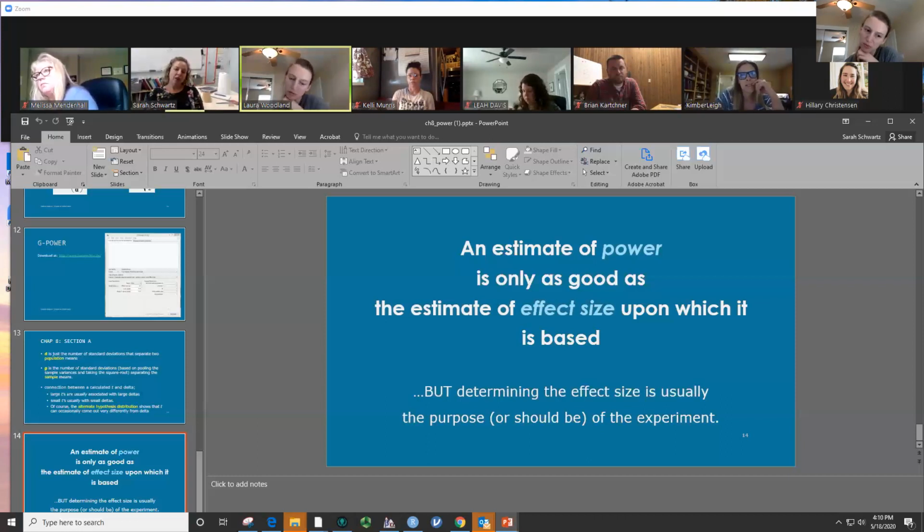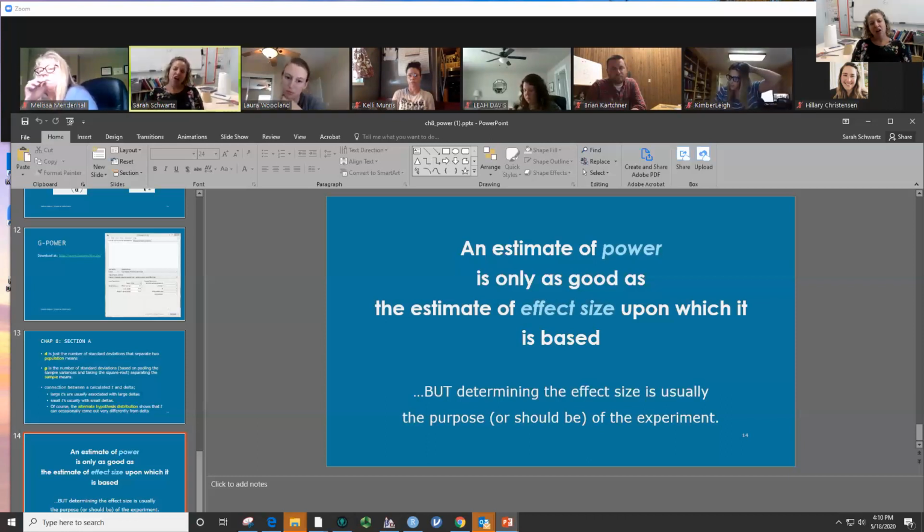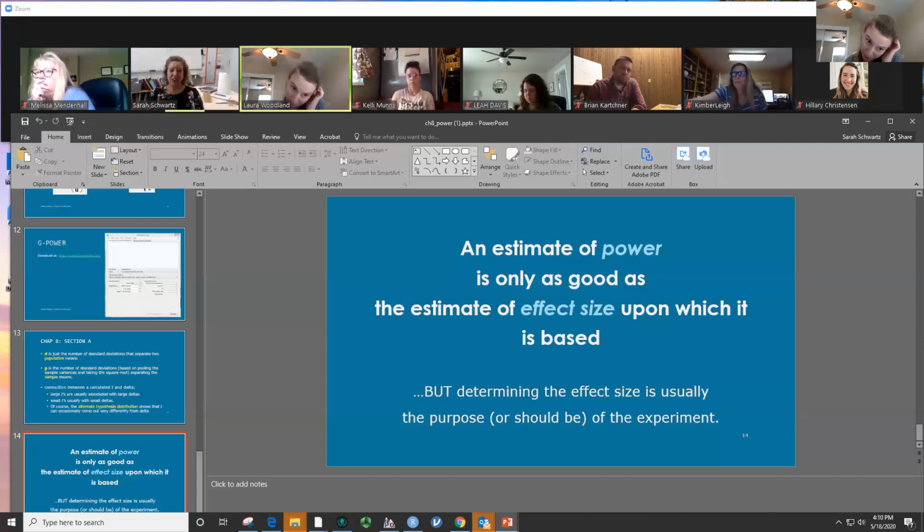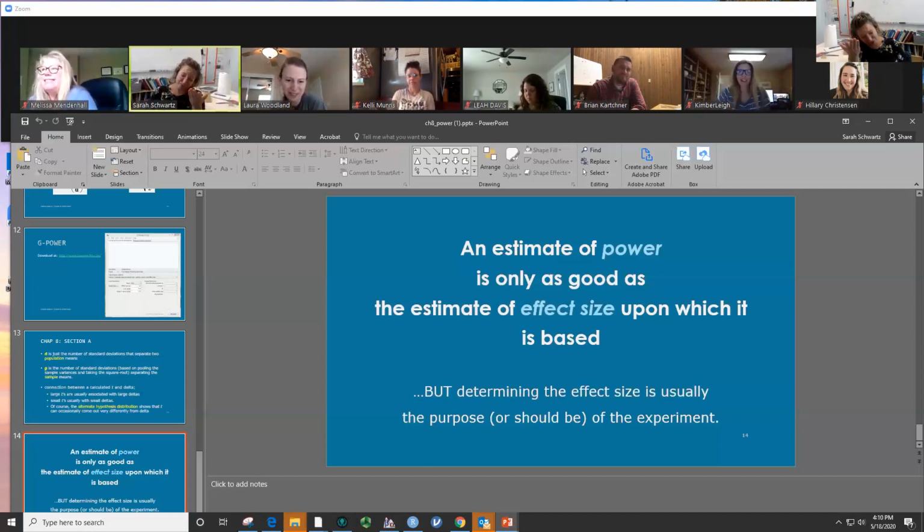What if we were trying to prove that drinking alcohol inhibited your reaction time? Does alcohol affect reaction time? Yes. Does it affect it a little bit or a lot? Depends on how much alcohol you consume. This is true. So what if we're talking about, I don't even know what's a lot, maybe 4 beers?